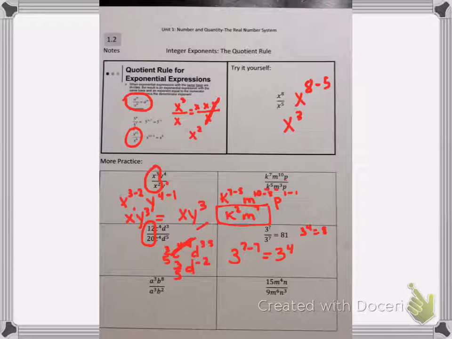So then I just have to finish solving that. Some power, the question mark right over here, minus 7 equals 3 to the 4th. So that would have to be 11 for the question mark. 11 minus 7 equals 4. So my missing number there is 11.